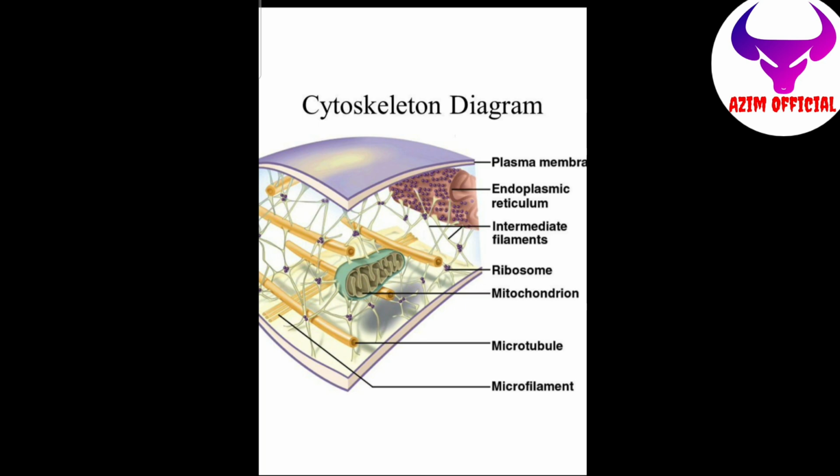All those movements are done by the microfilaments in the cells, and the movements of the flagella are also done by the microfilaments. Flagella are finger-like projections that help the cells to float in the intercellular components or to transport substances in the intercellular components.